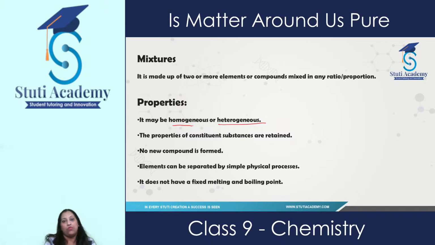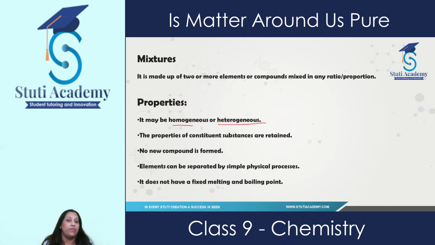No new compound is formed. There is only a mixing of elements and compounds. And these can be separated by physical processes also. And they do not have any fixed melting and boiling point.